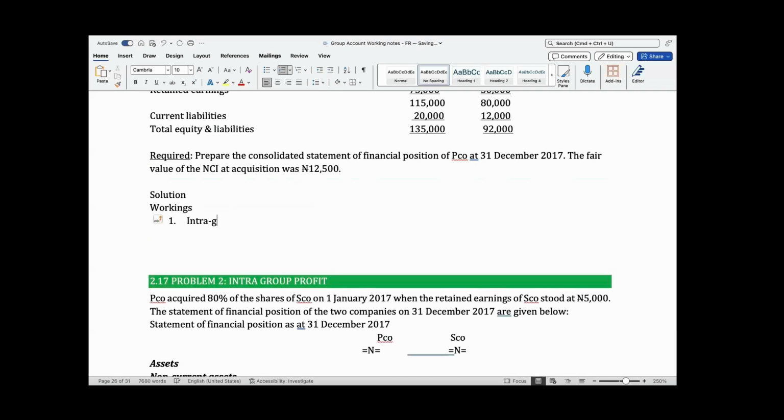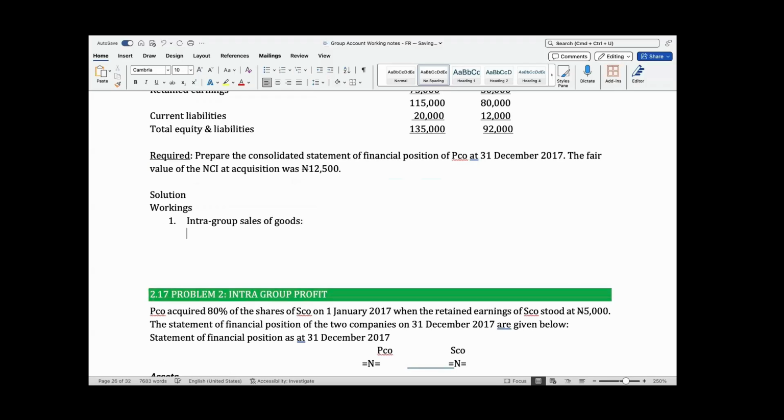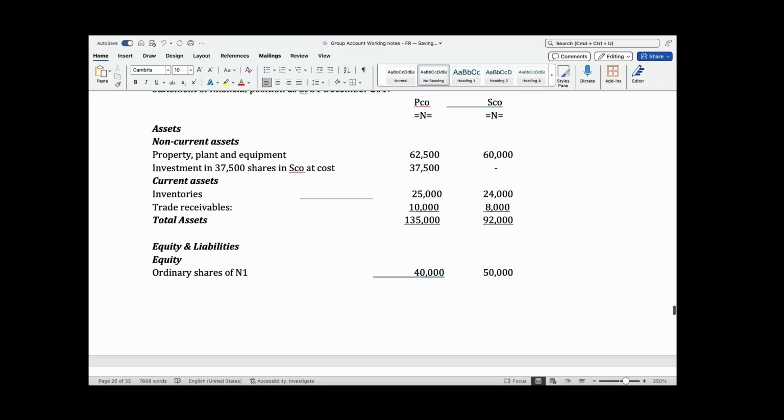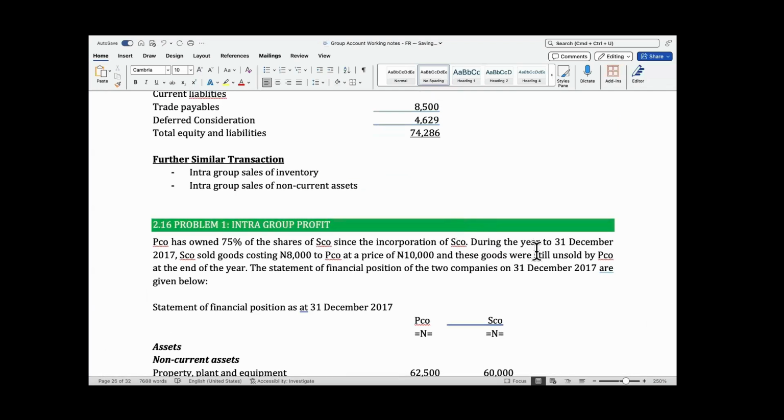Intra-group sales of goods resulting in an unrealized profit, which is 10,000 minus the cost of 8,000, of 2,000. Now, these goods were still unsold by Pico. They are still in the inventory of Pico.